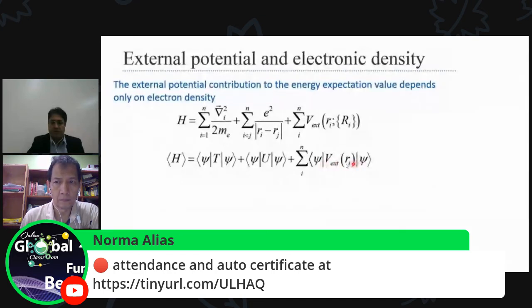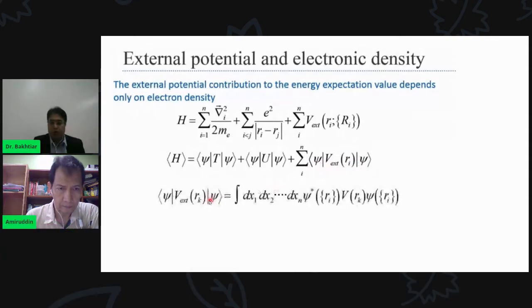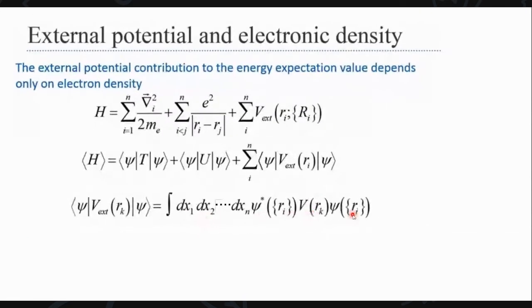So if I expand the expectation value for the external potential, I will get this: the integral over all the space, over all the degrees of freedom, of the wave function multiplied by the external potential, times the wave function again.